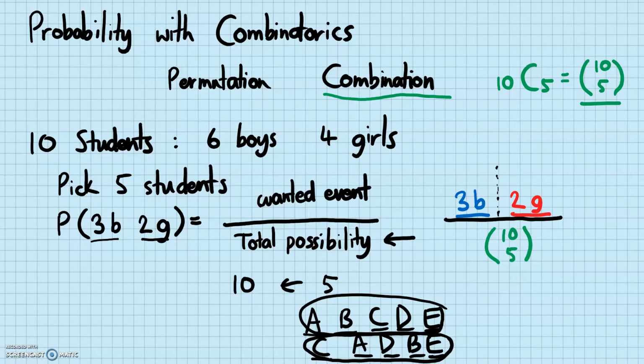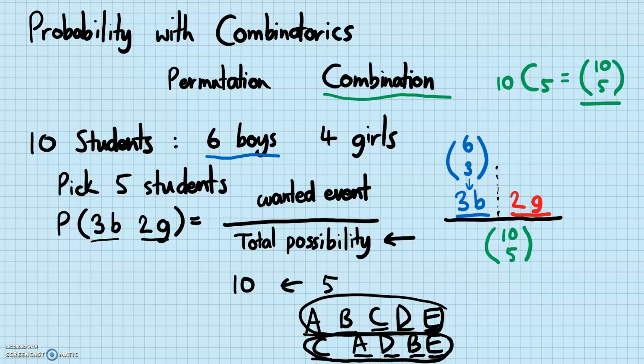For the boy part, we can consider how many ways there are of choosing 3 boys from a group of 6 boys. And again, the order doesn't really matter. We're just choosing 3 boys. We're not really assigning them anything. The order in which you pick them doesn't matter. So this also would be a combination, and out of 6 boys, I am choosing 3 boys. So this part of choosing 3 boys would be this.